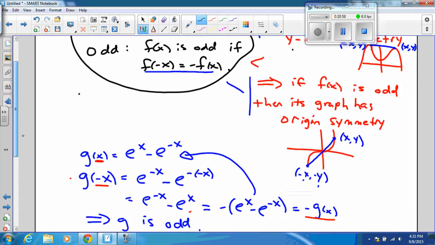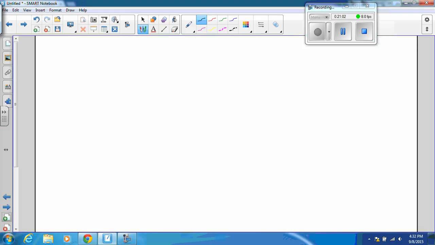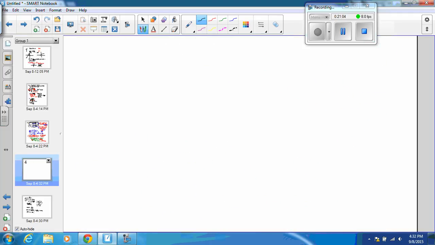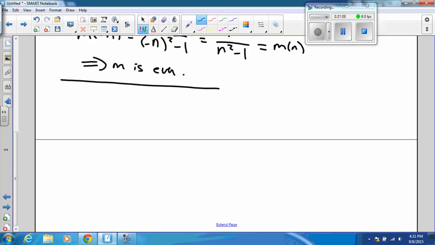If you were to take a look at the graph of the function p of x equals x cubed plus 0.0001, then on a suitable scale, that graph would look odd.